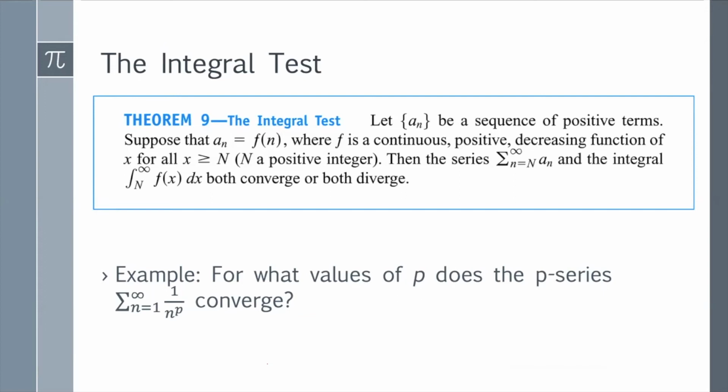So the idea is to take your series and look at the corresponding improper integral, and using the methods of section 8.8, determine whether that integral converges or diverges. And then as long as these conditions are all met, that the function is continuous, positive, and decreasing, then your series will do the same thing that the integral did.